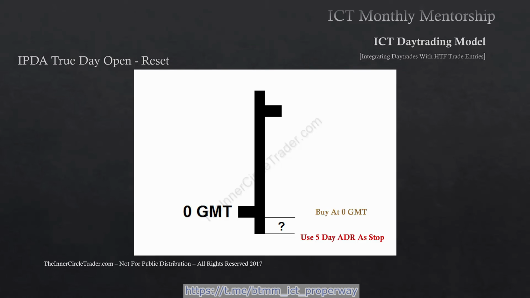If it goes down a few pips and fills you, and say it goes down 30 more, the likelihood of the 5-day average daily range being subtracted from the opening price of 0 GMT and your 10 or 20 pips below that opening price as your entry, again, the likelihood is 60, 70 pips going down from the opening price. It doesn't usually happen if price is already expected at a daily discount PD array.